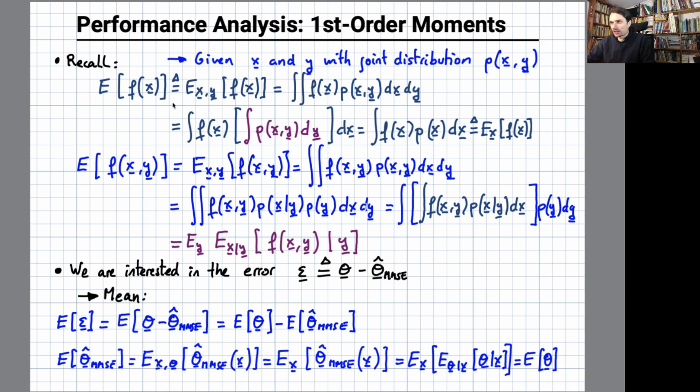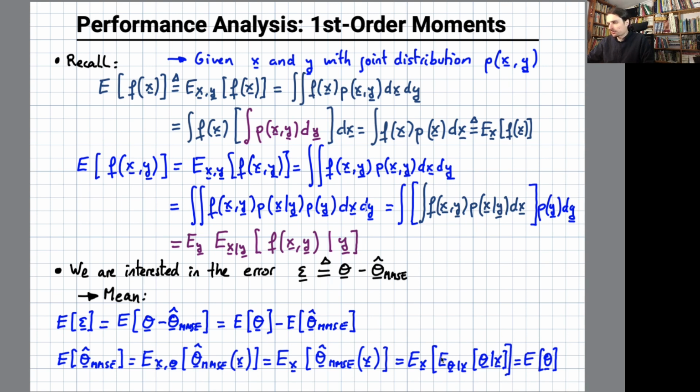And therefore, we can apply the first fact that we saw here just to conclude that this equals the expectation over x only. And now we can remember that the MMSE estimator is just the conditional mean, right? Or the mean of the posterior. And therefore, we arrive at this expression here.